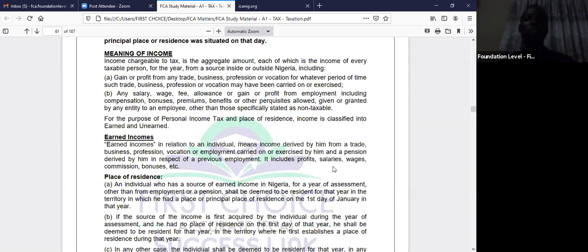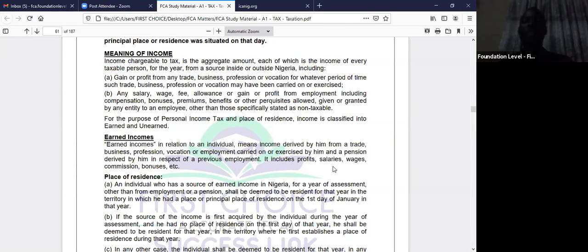Okay. It also means if you are having salary or you are having employment income, you earn salary or you earn wages as a contract staff, or as a vendor, you are paid fees, or you are paid allowance, or you are given productivity bonus, compensation, gratuity, pension, premiums, allowances, benefits in kind, every other thing that you receive from your employment, other than those that are specifically stated as non-taxable.